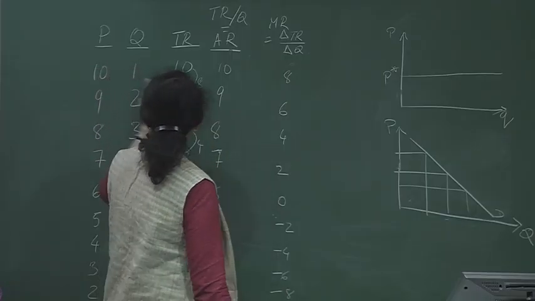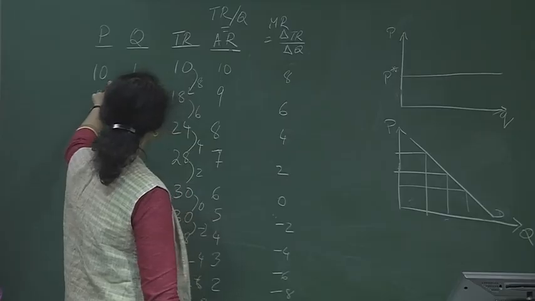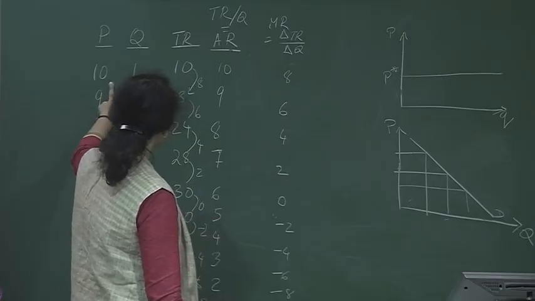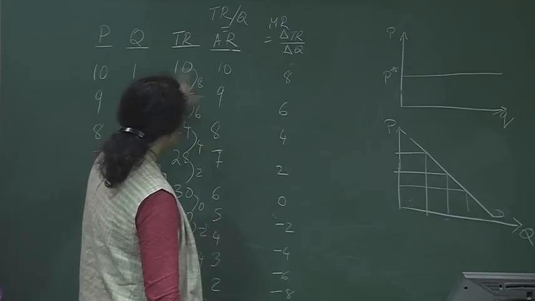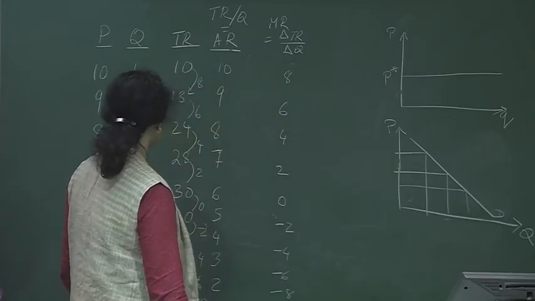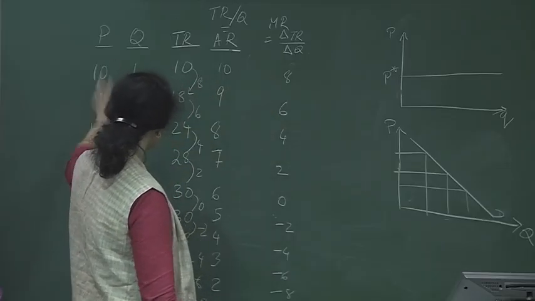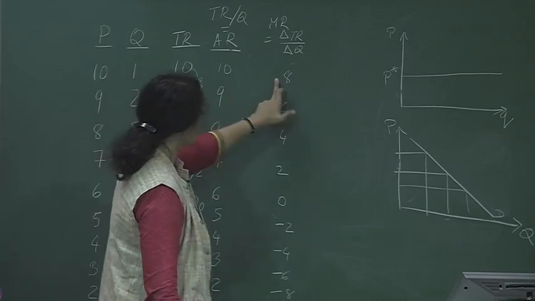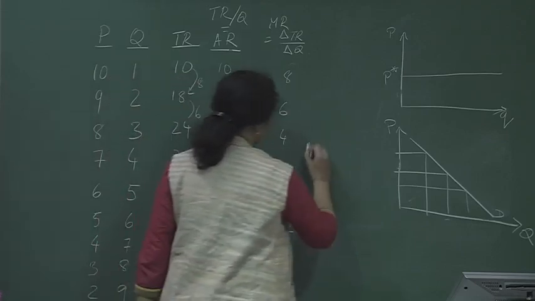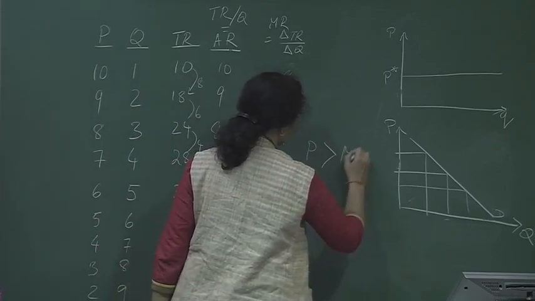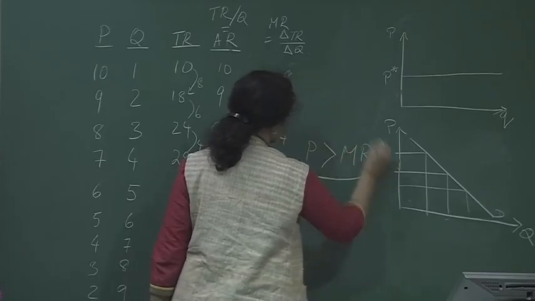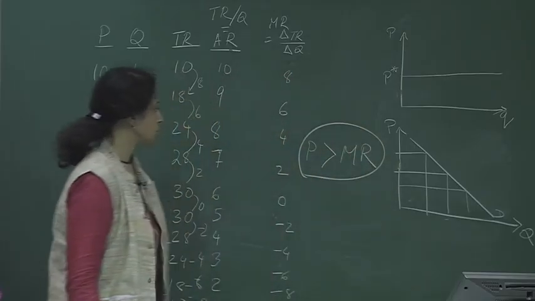So, what we see from here is price is actually greater than marginal revenue. At all the points we are going to see that price is greater than marginal revenue. So, this is what we are seeing here.